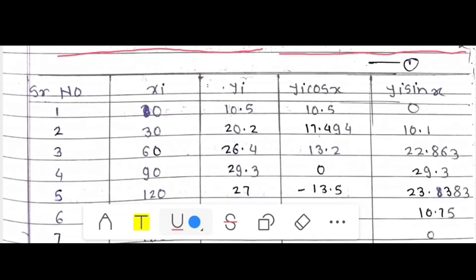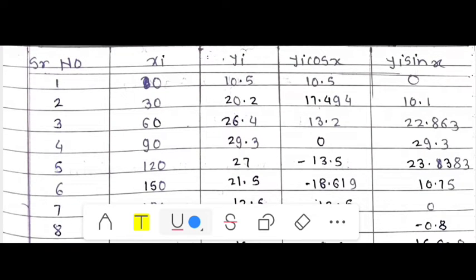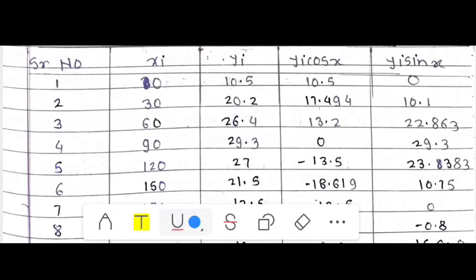Here the first column is for the serial number, the second column is for the values of x, the third column is for the values of y, the fourth column is for the multiplication of yi and cos x, and the fifth column is for the multiplication of yi into sin x.